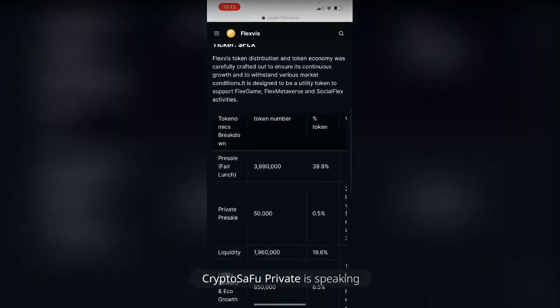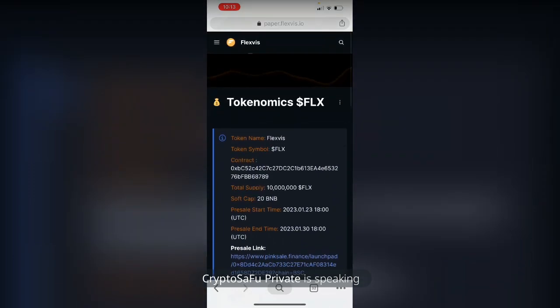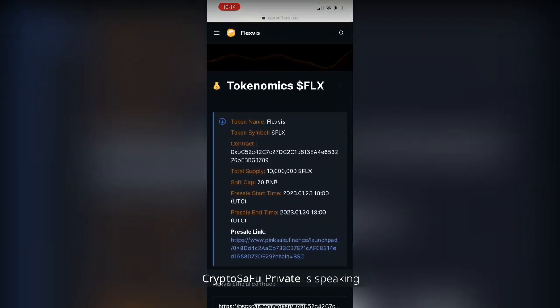So you can see the token's total supply. If you are seeing the total supply, you can see it to be 10 million. So that means 10 million is making it 100% distribution in total.